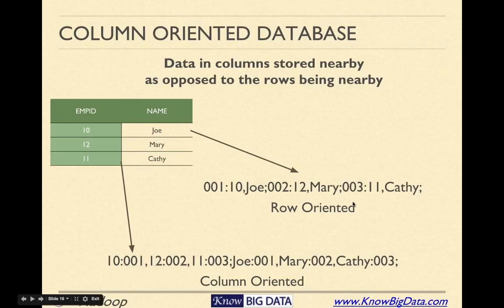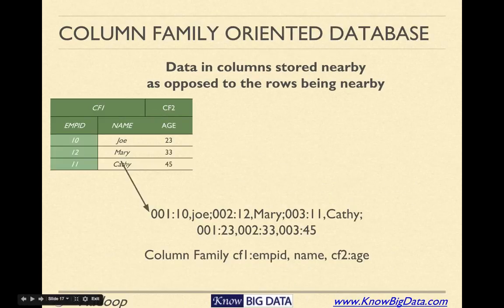No questions. All right. Now, HBase is not really a column-oriented database. HBase has taken a little political stand, in the same way as Bigtable. It's neither row-oriented nor column-oriented. It is something called column-family oriented. Okay.